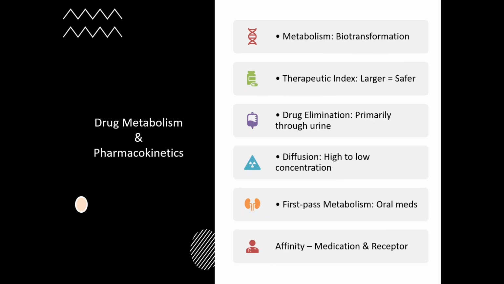But the therapeutic range, so the dose, is 0.5 to 2.0 milliliters. And so that's very, very narrow. A toxic range that could be lethal is anything above 2.5 mLs.